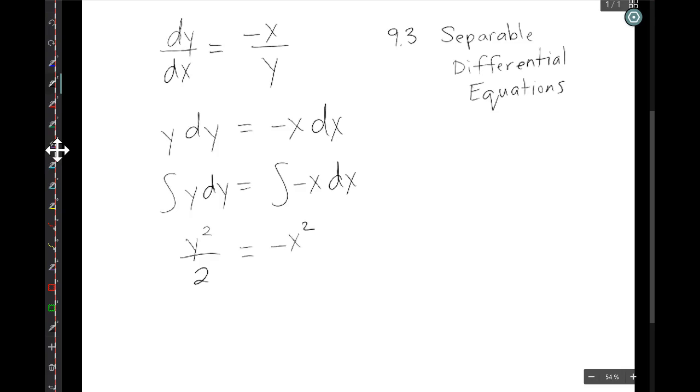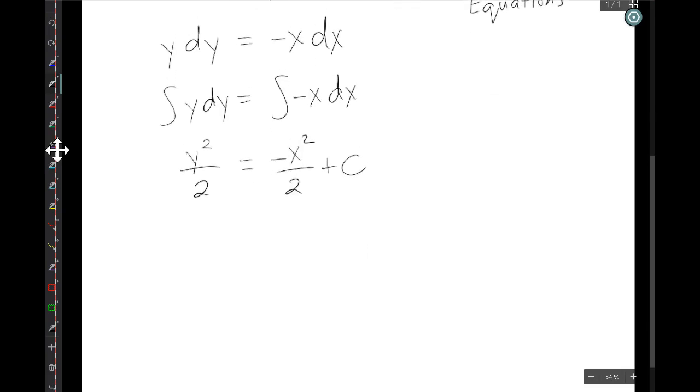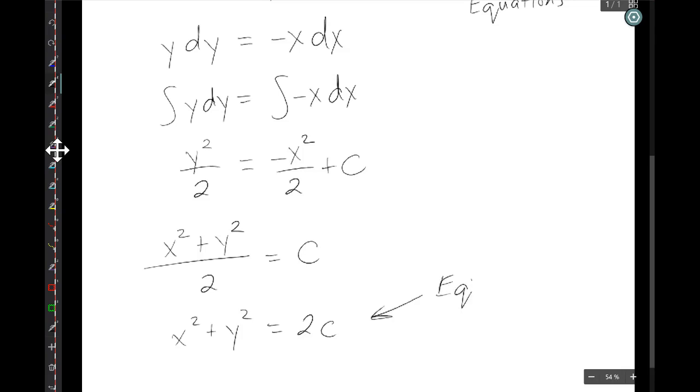And you've got negative x squared over 2 plus some constant. Notice when you add x squared over 2 to the other side, you're going to get x squared plus y squared over 2 is equal to c. And so x squared plus y squared is equal to 2c. There we have the equation of a circle. So that is why the slope fields all look like a family of circles.